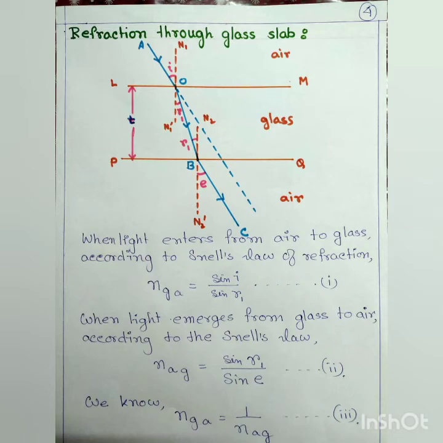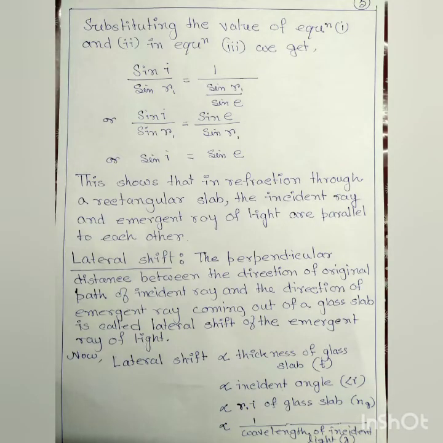And we know the refractive index of glass with respect to air will be the reciprocal of the refractive index of air with respect to glass, equation 3. Now substituting the values of equations 1 and 2 in equation 3, we get sin I by sin R1 is equal to 1 by (sin R1 by sin E), or sin I equals sin E, meaning the incident angle is equal to the emergent angle.